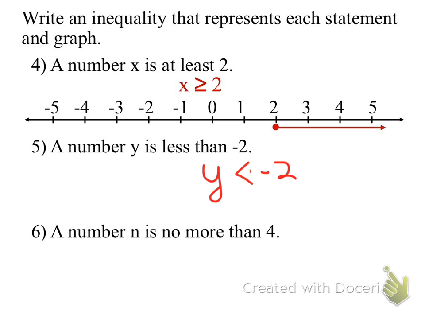So I'm doing Y is less than negative 2. A number n is no more than 4. How about Akira? How would you write that? N. Keep going.